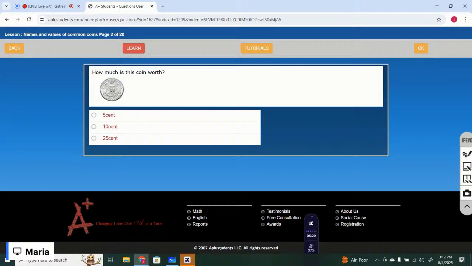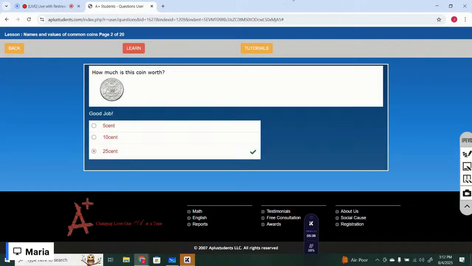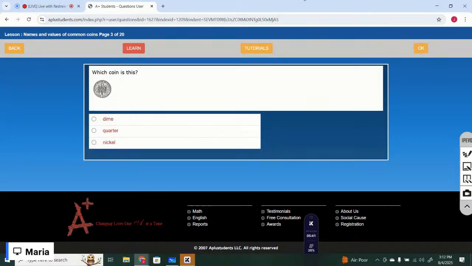Option number three is the correct option. 25 cents it is. Which coin is this? Dime, quarter, nickel. Which is the correct option? That is the dime. Option number one is the correct option. Dime it is.